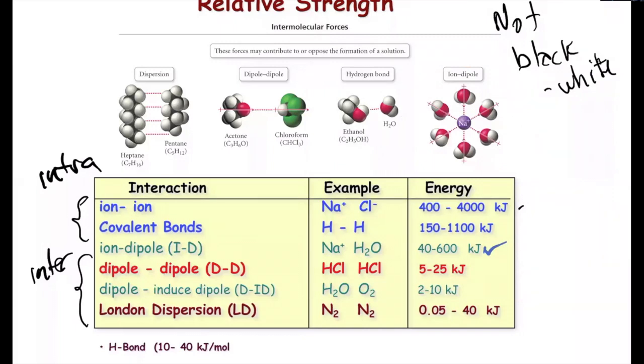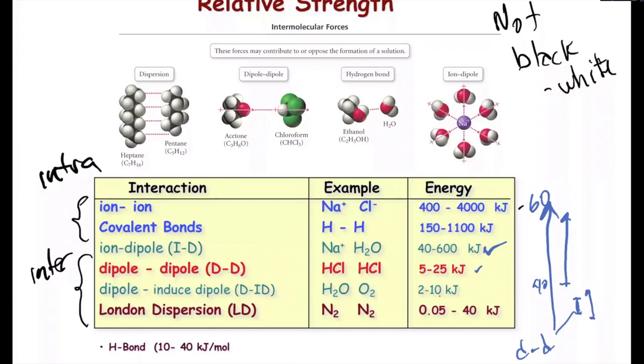If we think about energy, ion dipole would be maybe 40 to about 600. Dipole-dipole, DD for short, is between 5 and 25. Then dipole-induced dipole is between 2 and 10. So there are instances where it overcomes.